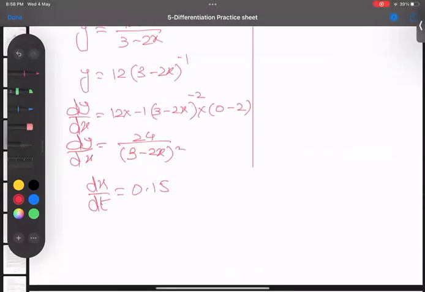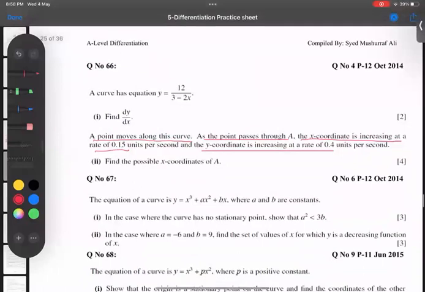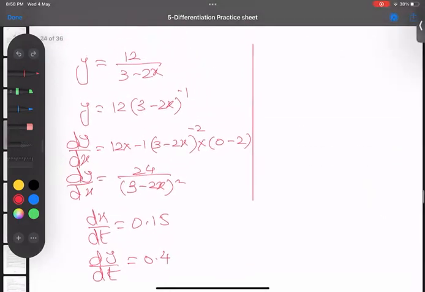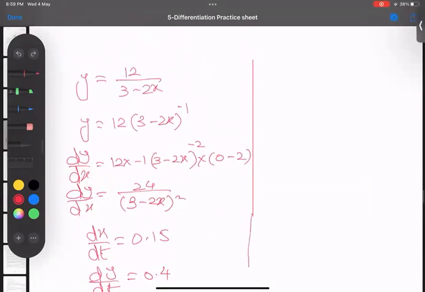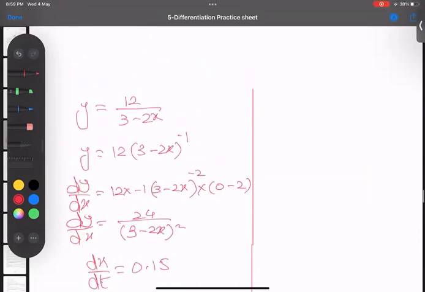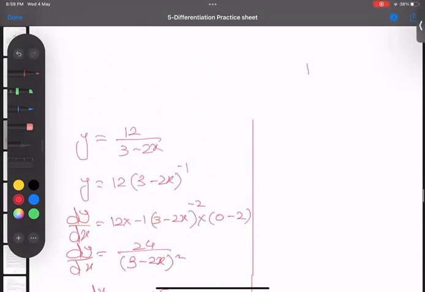Normally, students, you know it very well, only one is given. Normally one is given and one is unknown, but here both are given. This is the interesting part of the question. So what is the technique? Let's try to find it. By chain rule, I'm writing on the top here.